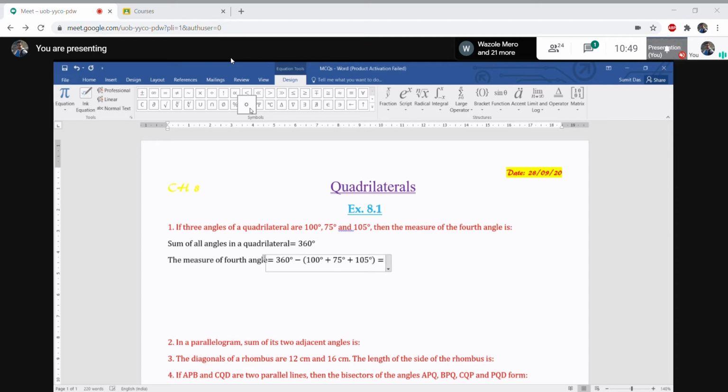If you simplify this, it will be 360 degrees minus 280 degrees. So that is equal to 80 degrees.